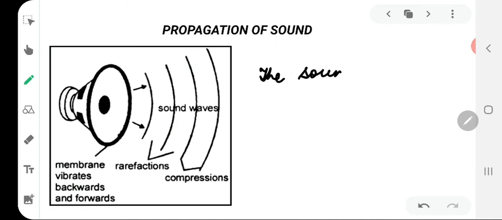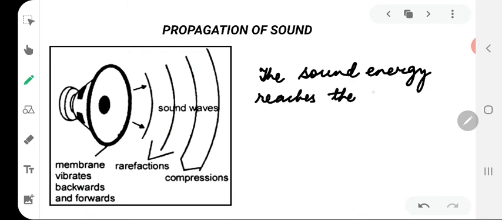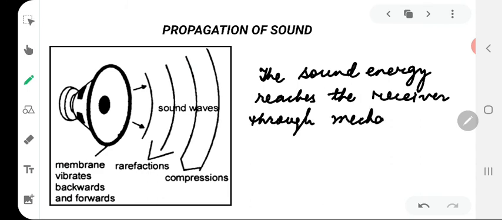The sound energy reaches the receiver through mechanical wave motion.